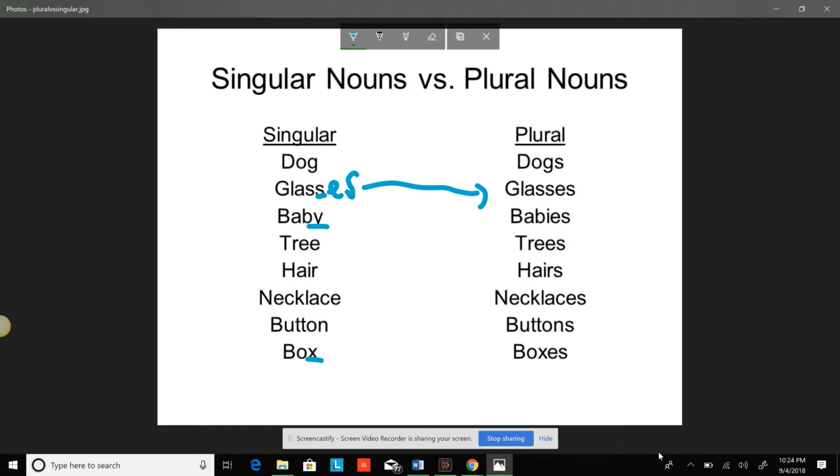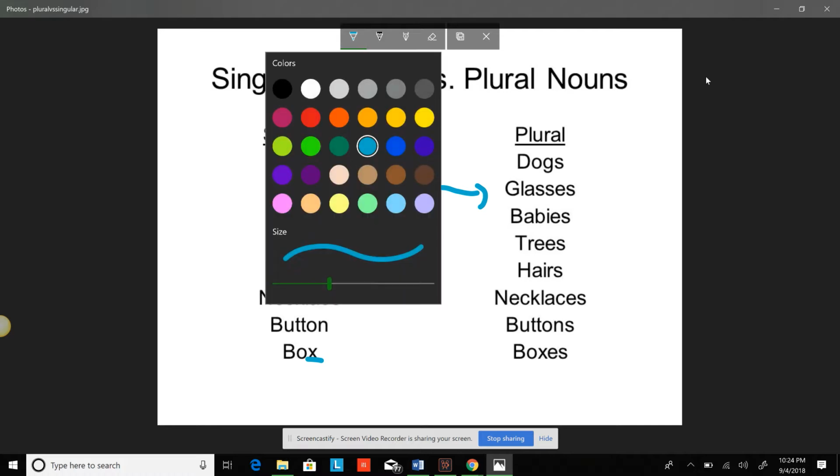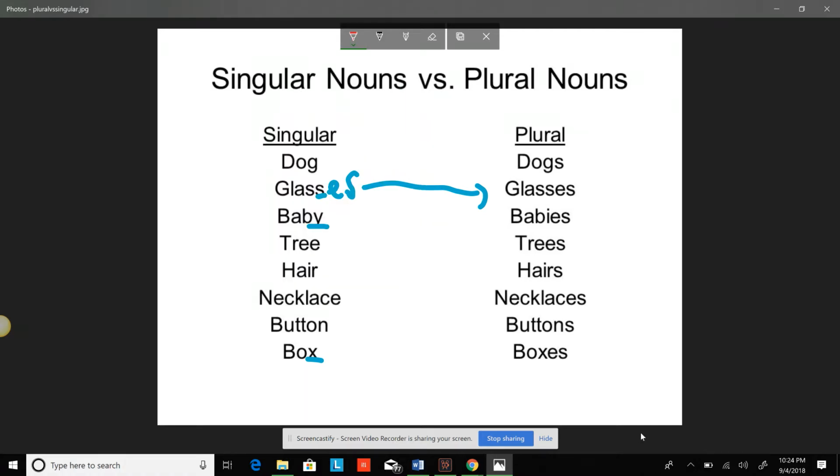With baby, that's a different story. It ends with a Y. That means we have to drop the Y. It's going to go away. And then we're going to add our IES to turn it into babies.